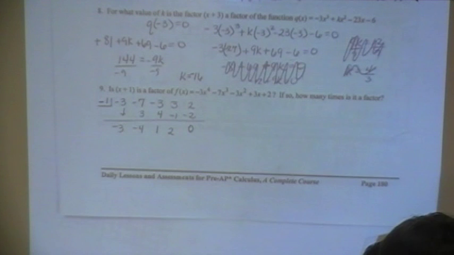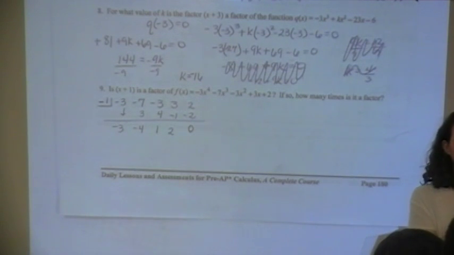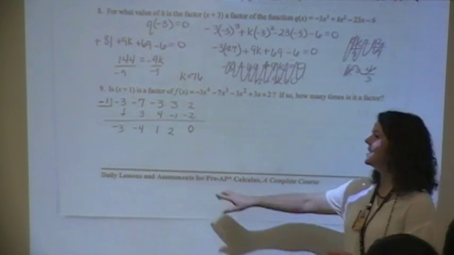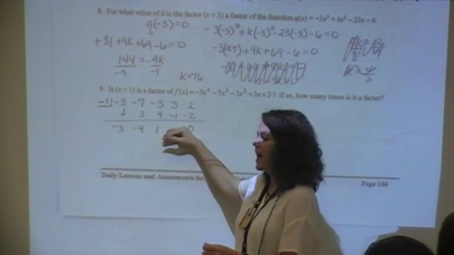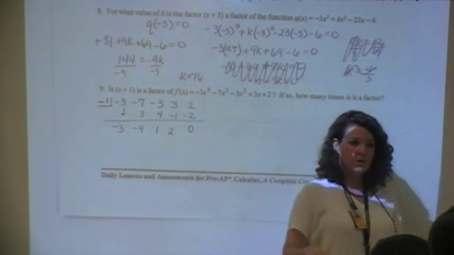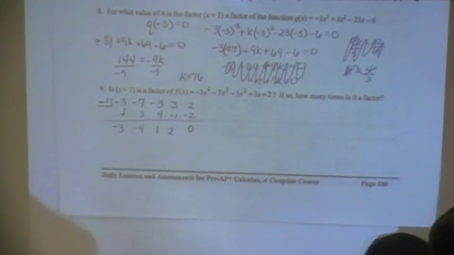Okay, so it is a 0. Now the question is how many times? So I'm going to synthetically divide again using these numbers as my new coefficients. If it works again, that means it's a root at least twice.